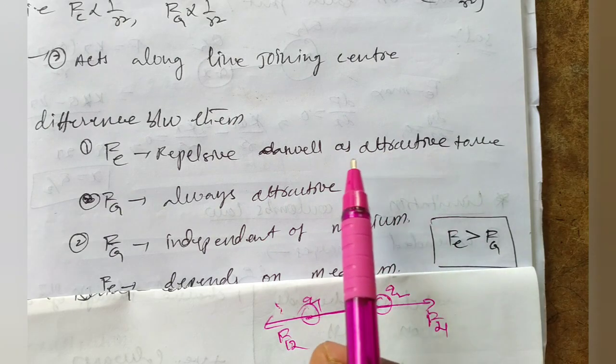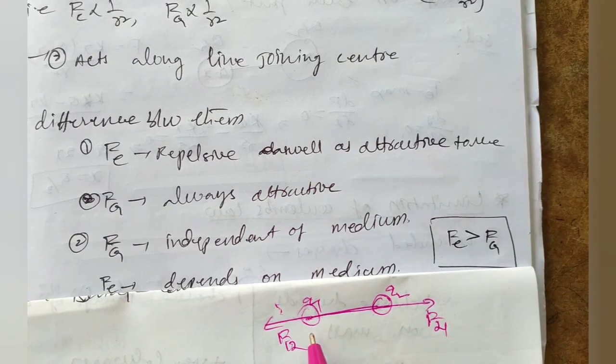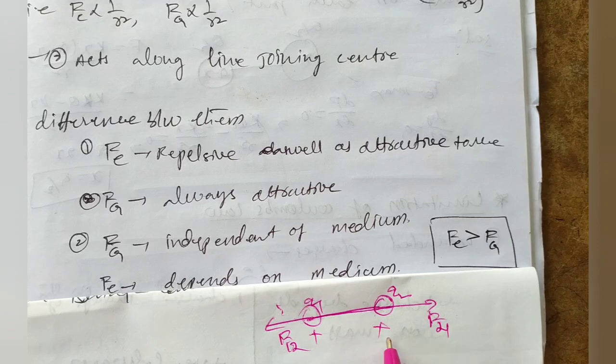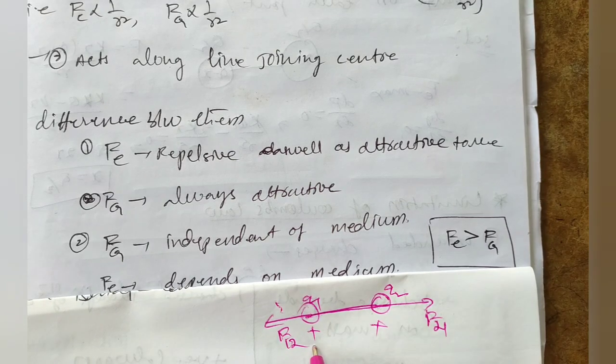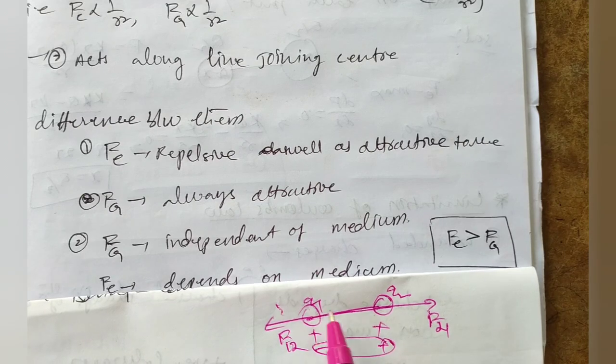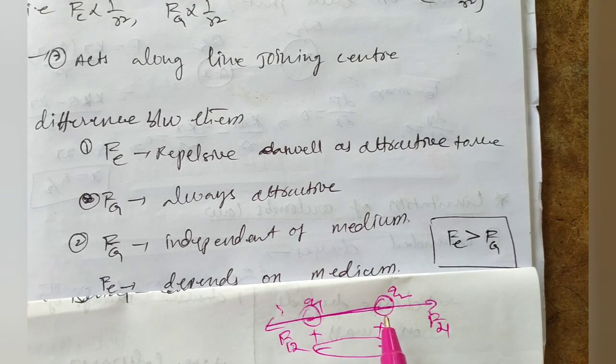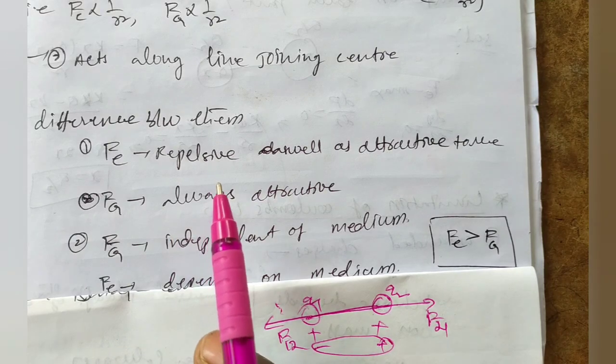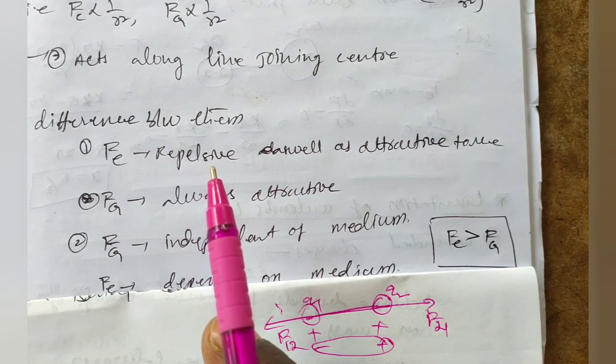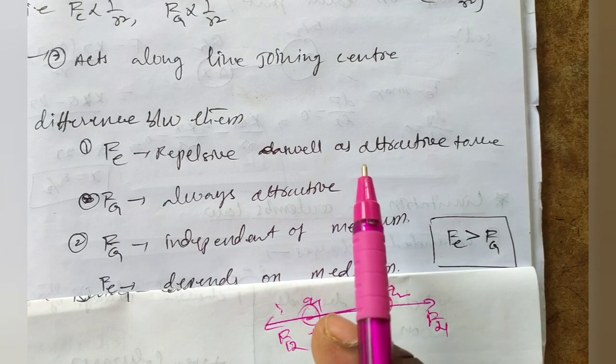If one charge is plus and the other is minus, it is an attractive force; if both are minus, it is a repulsive force. Like charges repel and unlike charges attract, so the electrostatic force has two types, repulsive and attractive.